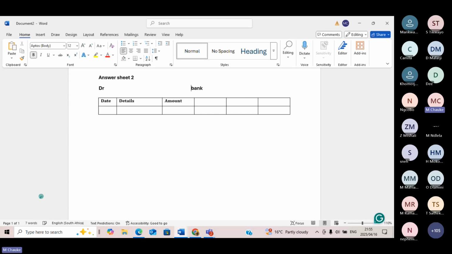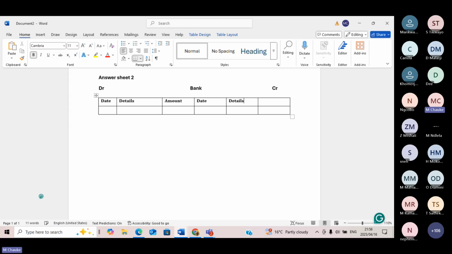And then on the credit side, you're still going to have this. I'm just trying to demonstrate it better, okay? Because I'm not using the proper format, but I'm trying to do the right thing. On the credit side as well, you're going to have date, details, and amounts.